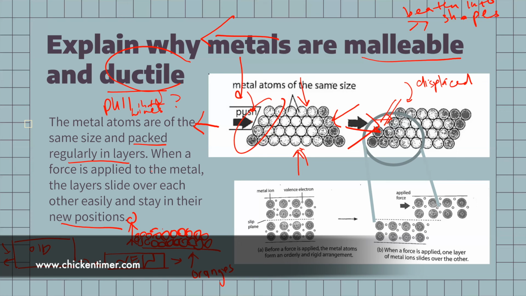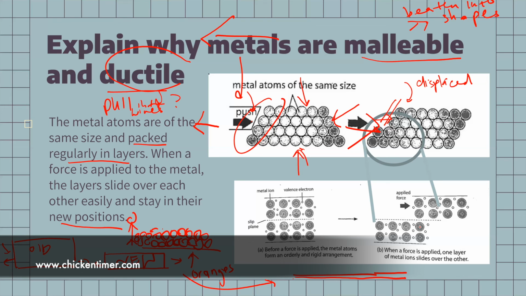Eventually it will become super thin and super long, because maybe 5 rows of atoms become 1 row of atoms. When that happens, it becomes a wire. After that, the atoms will stay in their shape and will not become something else. Whatever outcome you get, you will get a piece of wire.